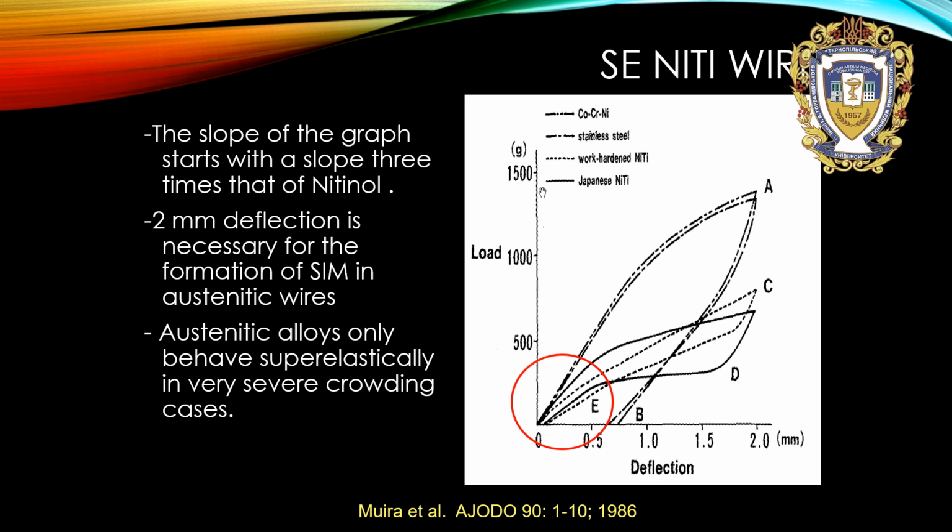SE NiTi wires: the slope of the graph is 3 times that of nitinol. 2 mm deflection is necessary for the formation of SIM in austenitic wires. Austenitic alloys only behave superelastically in very severe crowding cases.